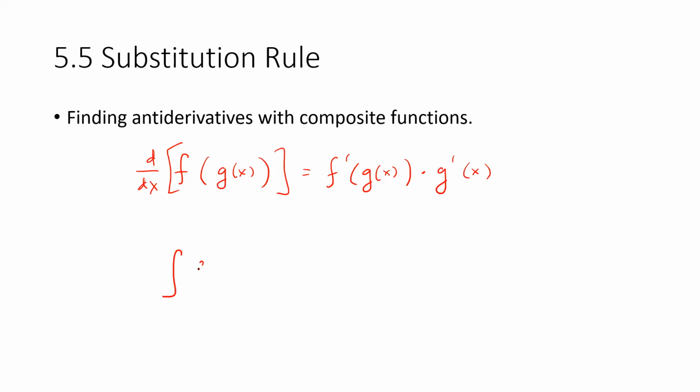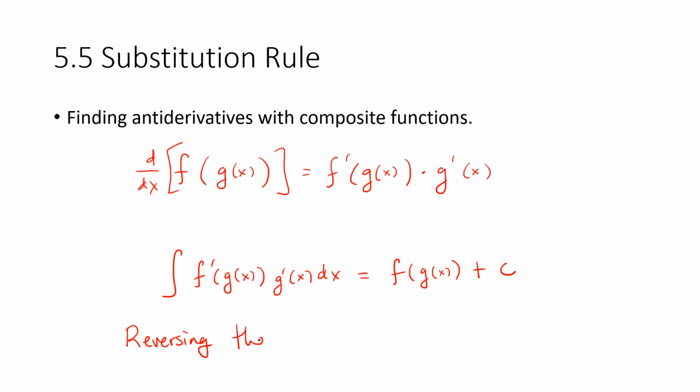So it's like the integral of something that looks like this will be that composition f of g of x. So it's kind of like we're reversing the chain rule. Okay, so that's kind of what substitution rule is.